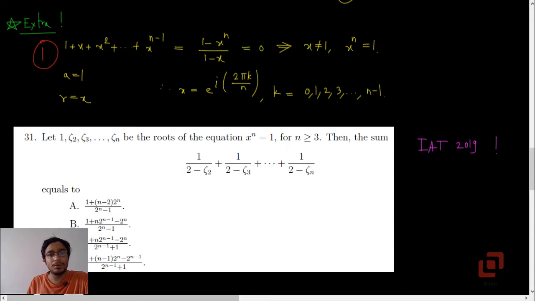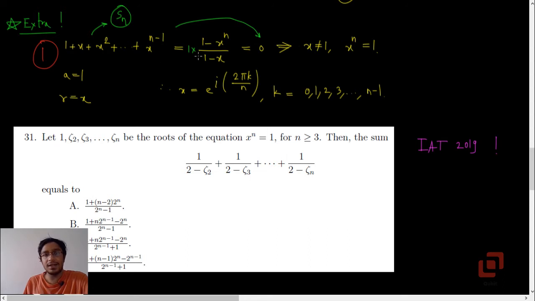So this is going to be the sum of first n terms of a GP. And you can either use this formula a into 1 minus r raised to n upon 1 minus r, or a into r raised to n minus 1 upon r minus 1, anything would do, but because the first term is 1, there is no need to write it.